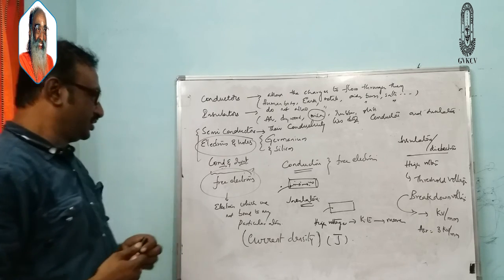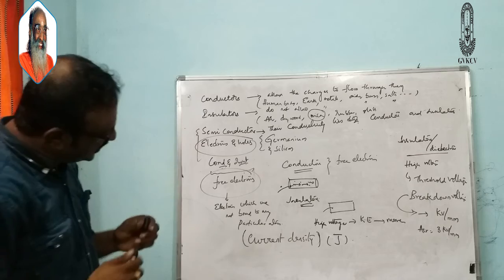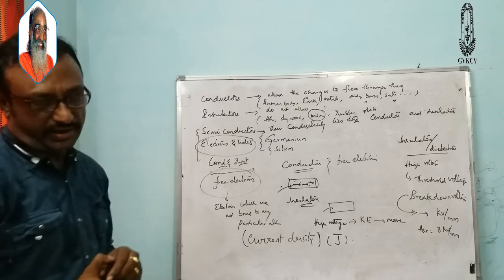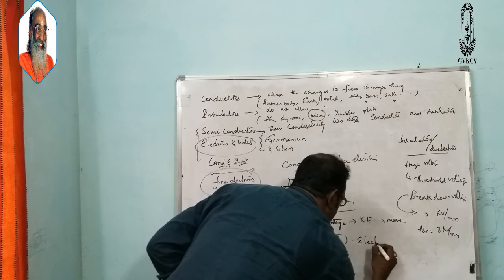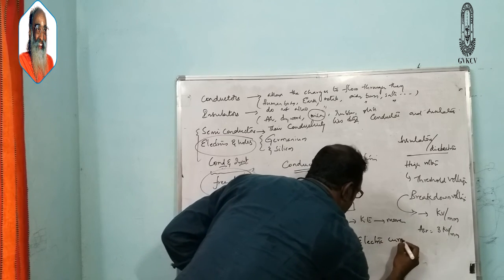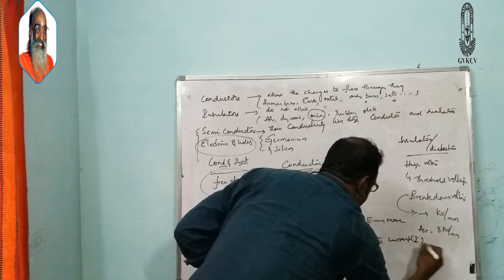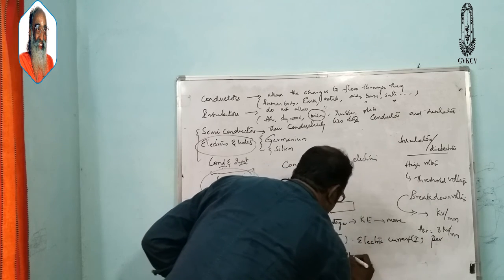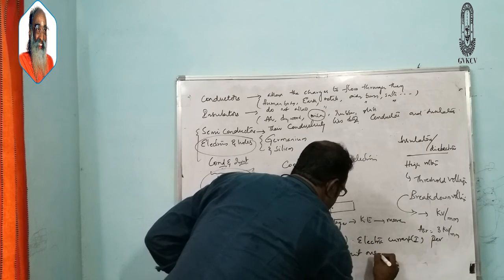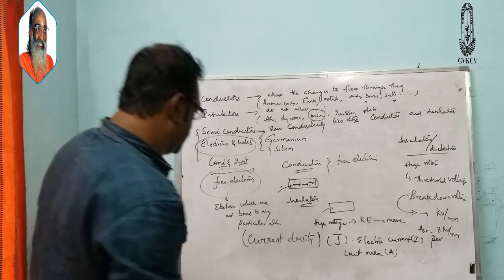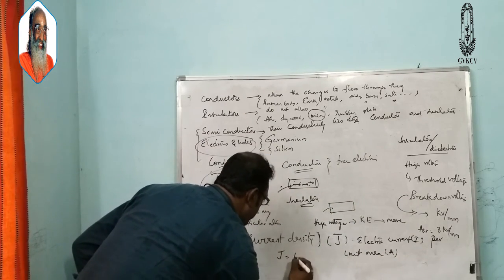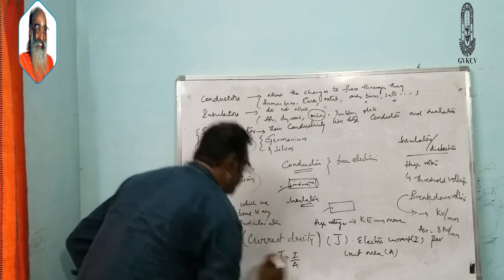It is the electric current per unit area. Electric current I per unit area A is the current density, and J is given by I by A.